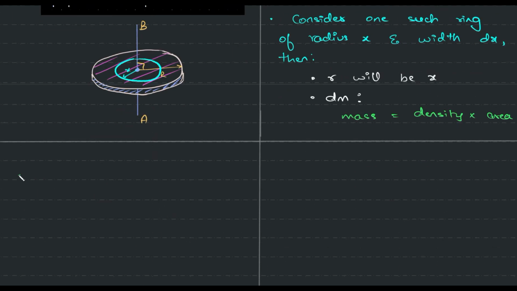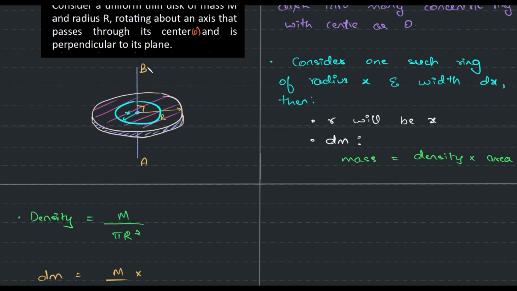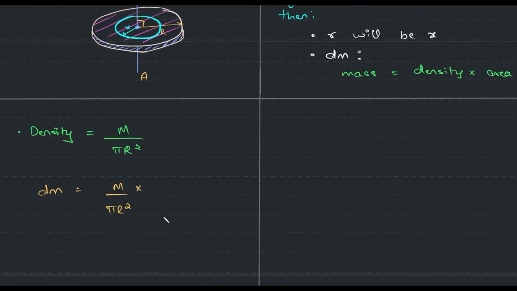So here the density will be equal to the total mass divided by the total area, that is pi r square. Therefore, a small section of mass dm will be equal to m by pi r square times the area of this thin ring.